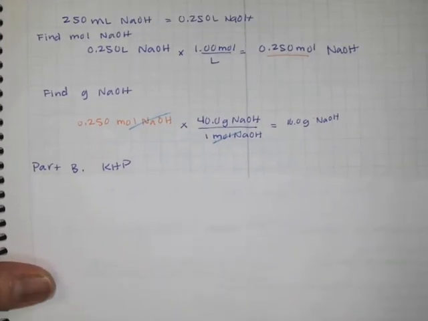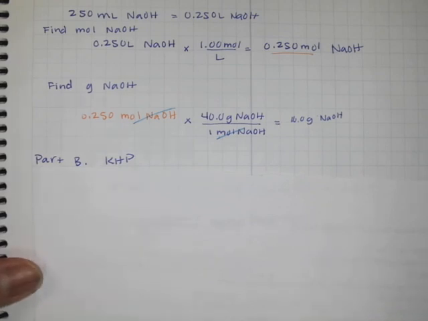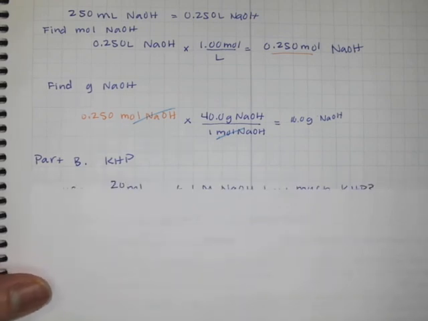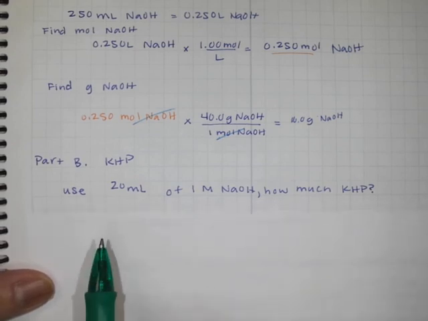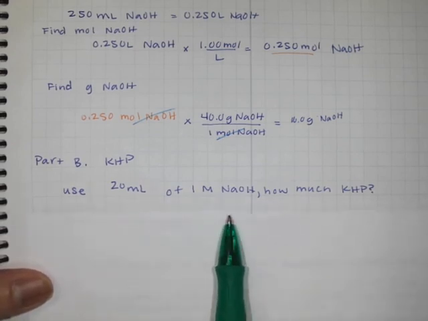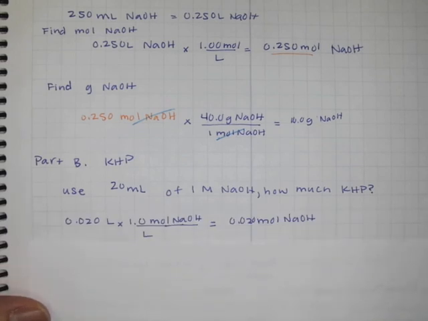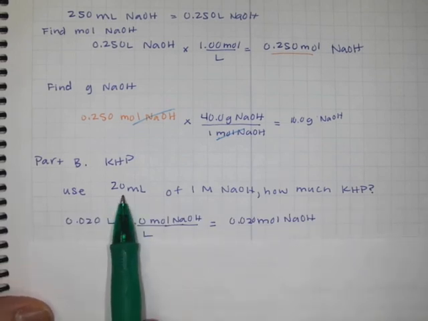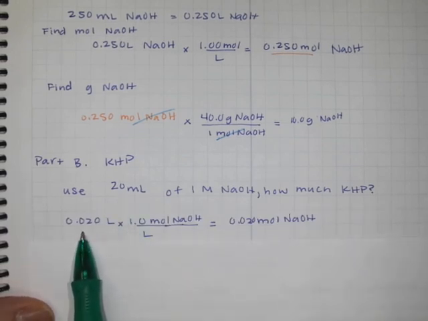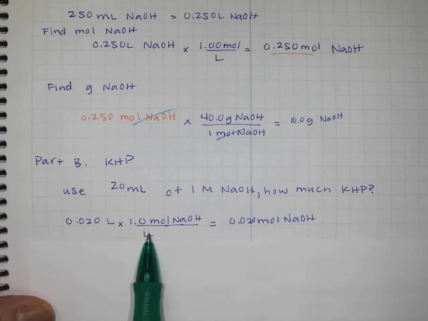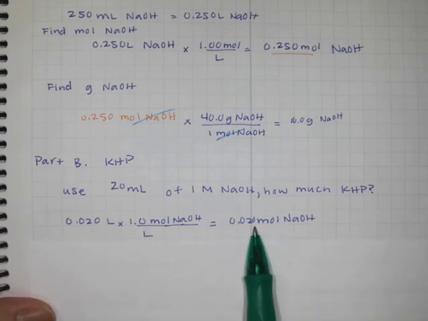For part B, you had to figure out the grams of the KHP. It was asking if you use 20 mL of 1 molar sodium hydroxide, how much KHP is that? You would take 20 mL, convert it to liters, times the molarity, and that would be 0.02 moles of sodium hydroxide.